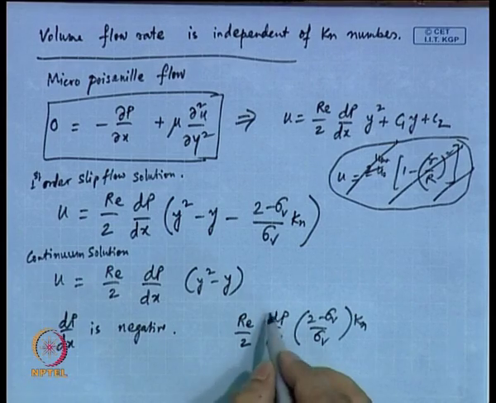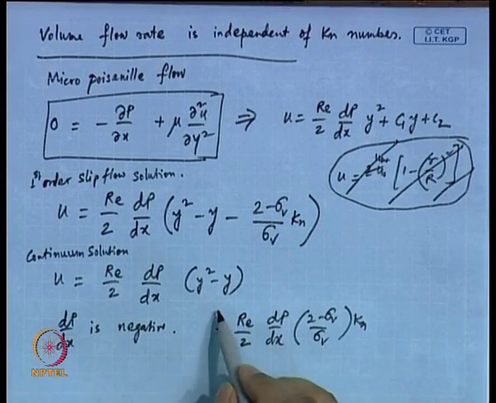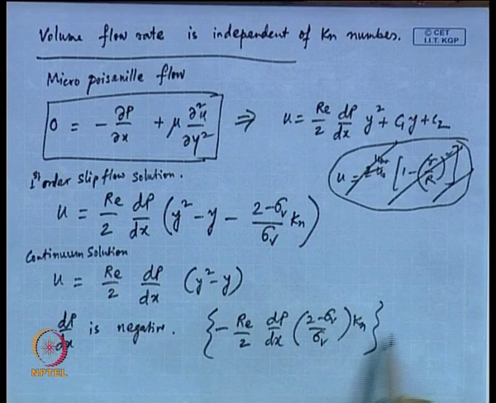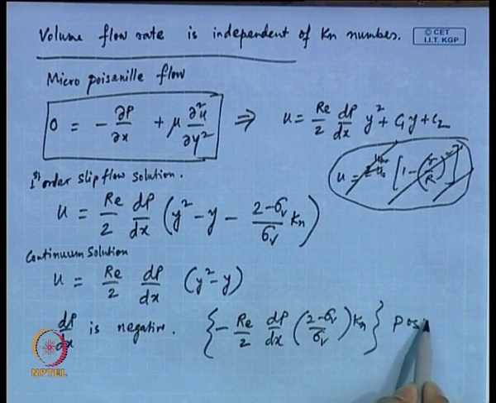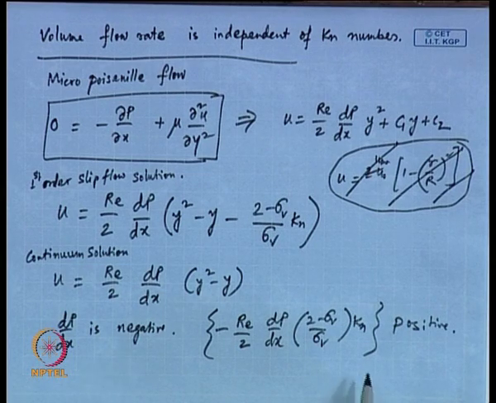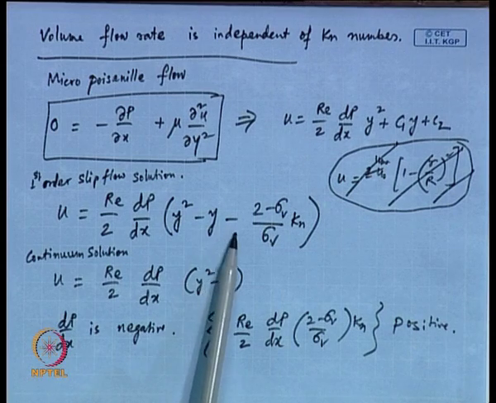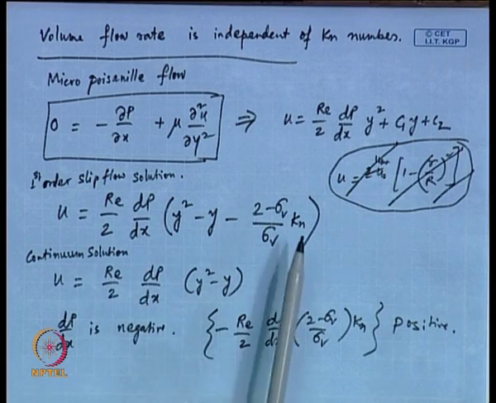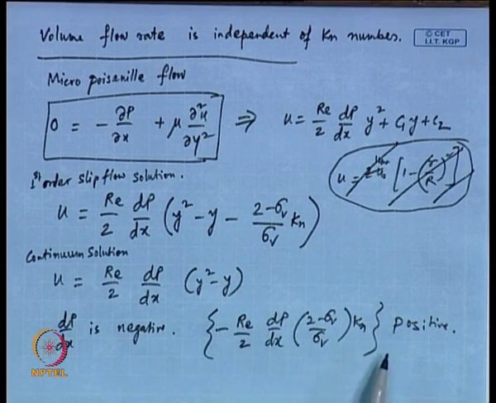Now, dp dx is negative, so minus of this quantity would be positive. So this extra term, minus Re by 2 dp dx into this term, is positive.